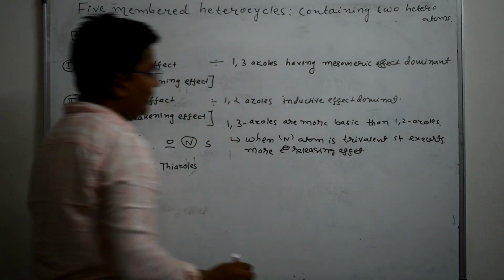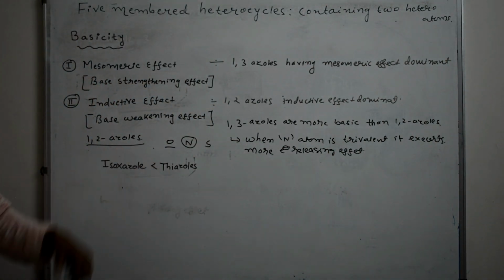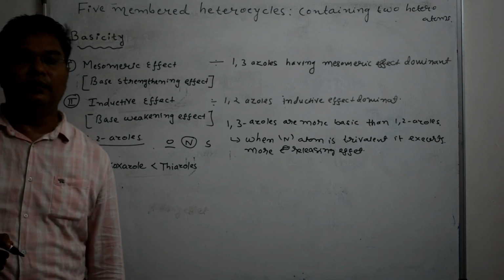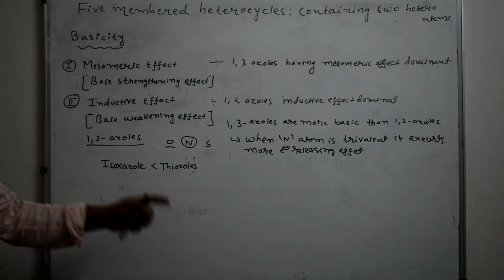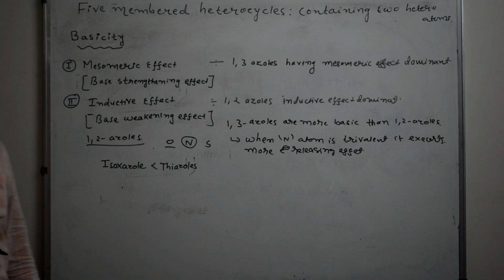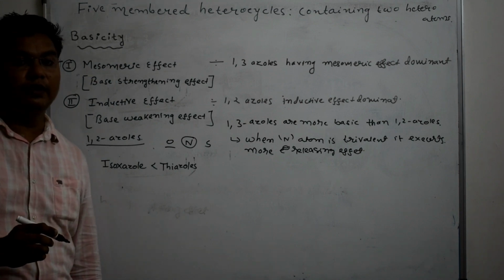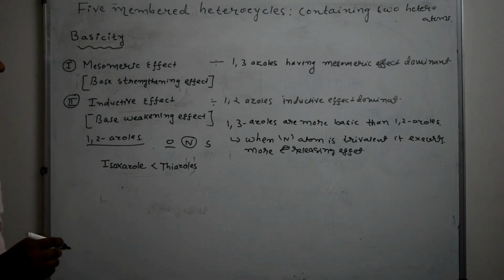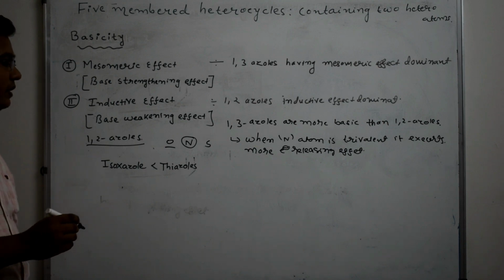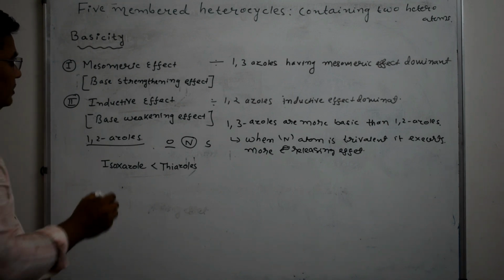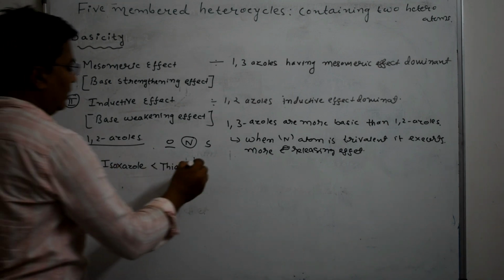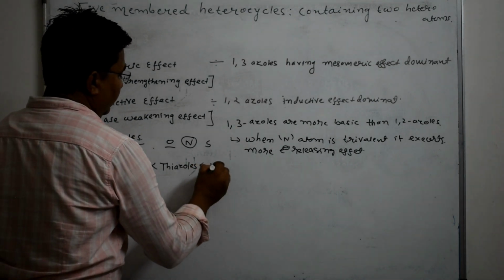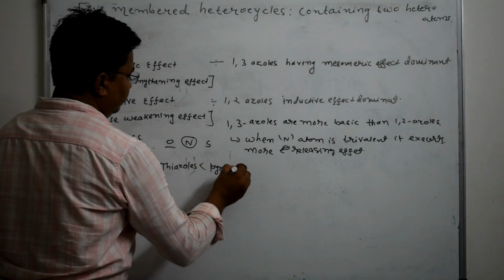So in the case of pyrazole, the nitrogen is trivalent and has a lone pair of electrons, so it gives a more electro-releasing effect, and that is why it becomes more basic as compared to the thiazole. So here it will come as pyrazole.